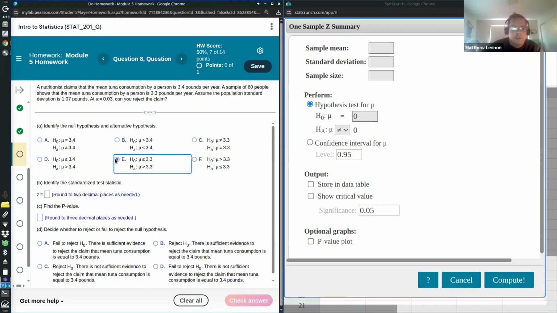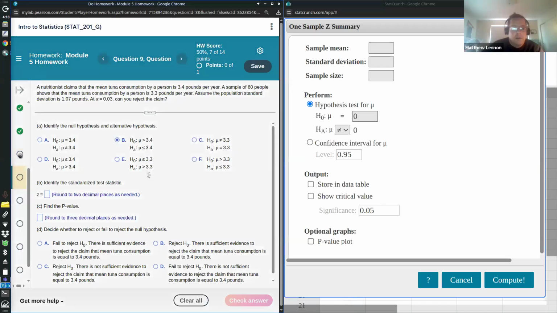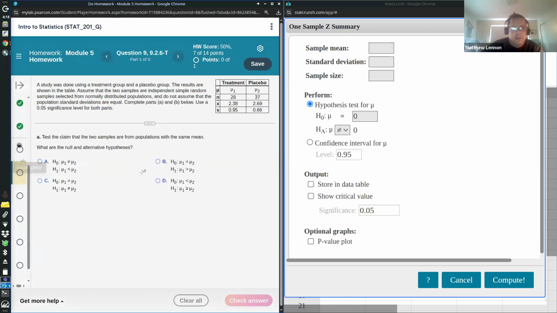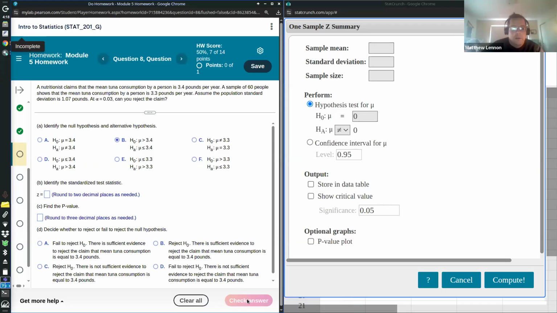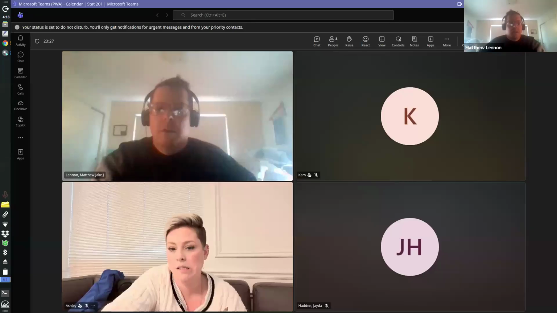Why doesn't it let me check answer? I may have been kicked out. Check answer. I've been logged in for a long time though, like half an hour, so I may just have to log out and log back in. Sadly.